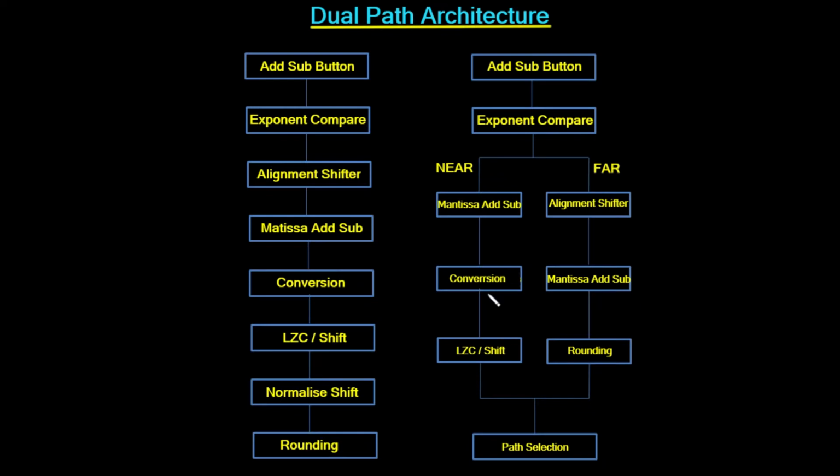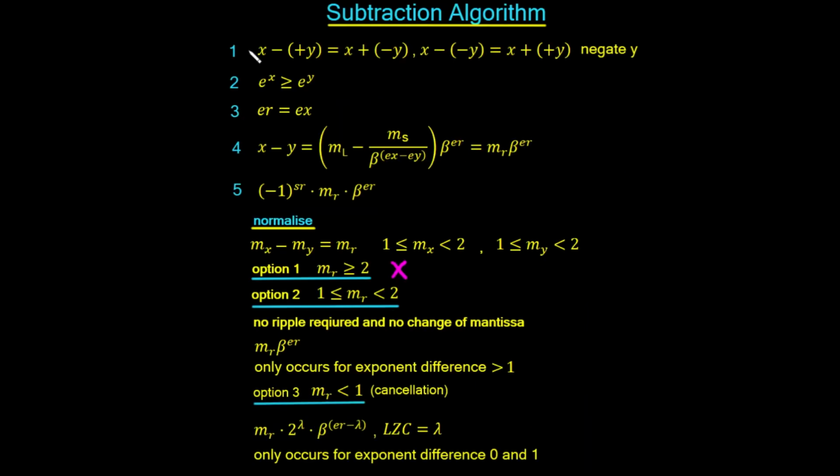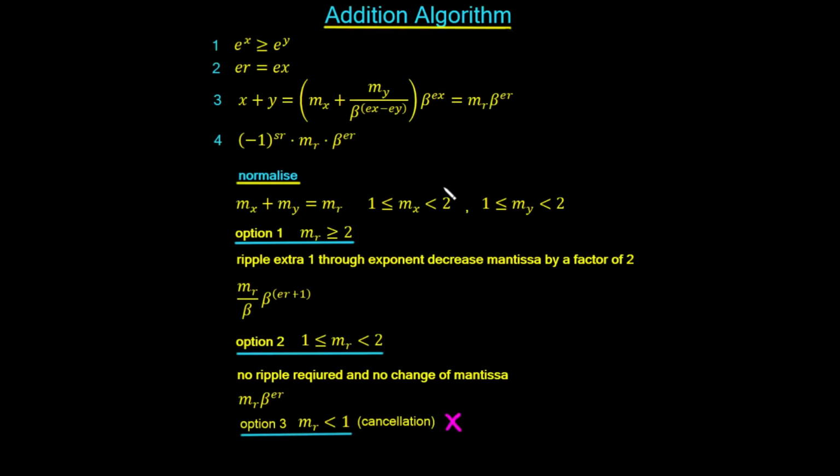So the architecture on the right hand side, the dual path architecture, is faster than the architecture we have on the left. So let's talk through the architecture we have on the left hand side, and we'll equate each of the boxes to each of the processes we go through here for the subtraction algorithm and the addition algorithm.